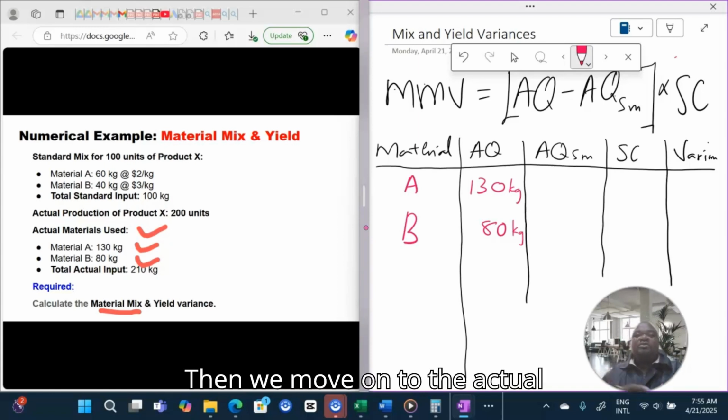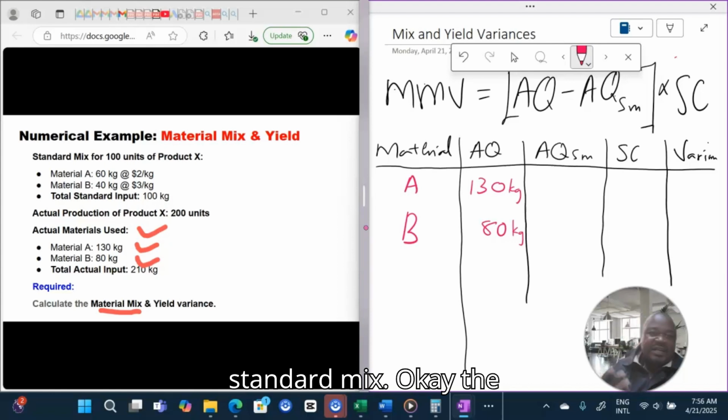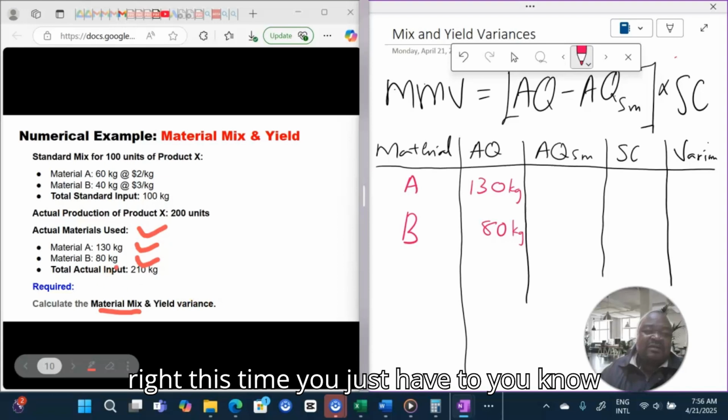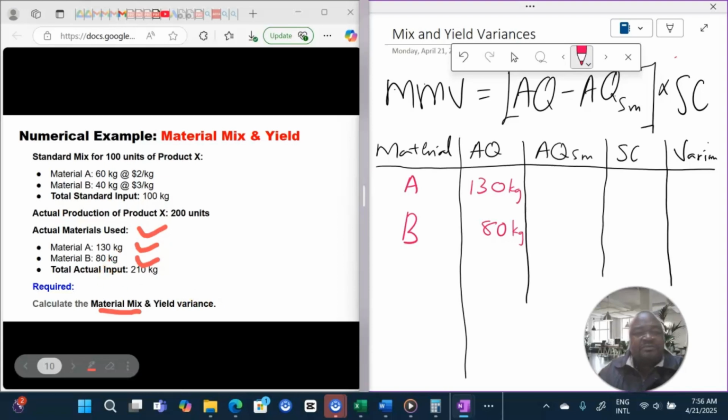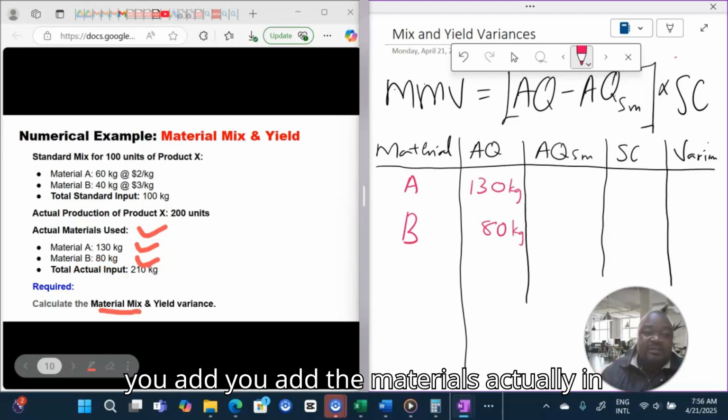Then we move on to the actual quantities at standard mix. The examiner has done that work for us. This time, you just need to add the materials.